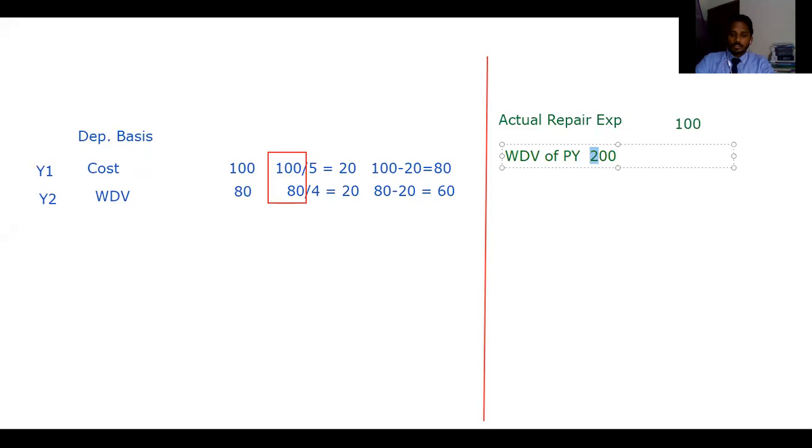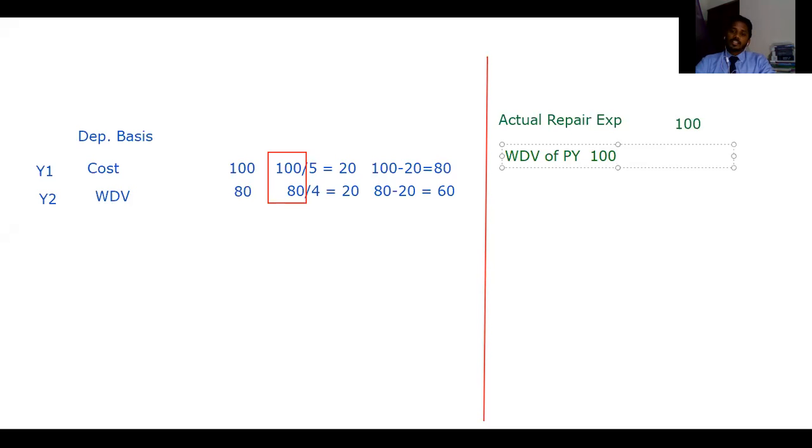Which asset are we going to discuss? Let's say all other assets, 20% of the WDV. Let's say 100, the WDV from the previous year.